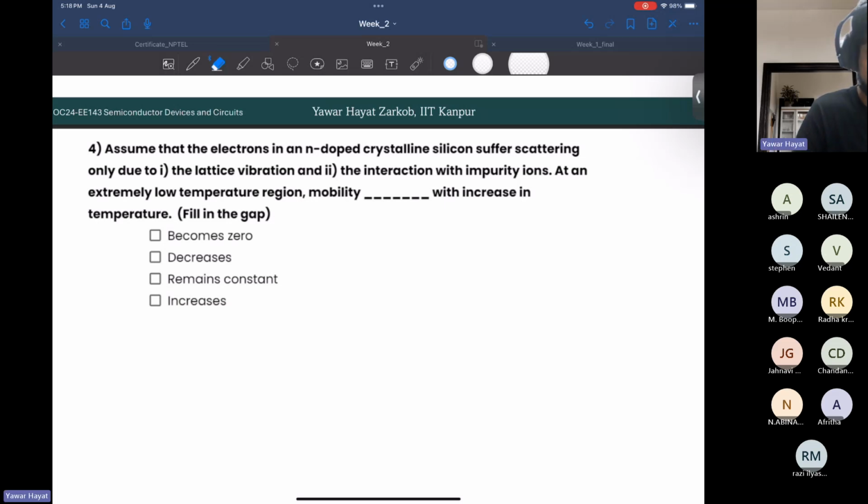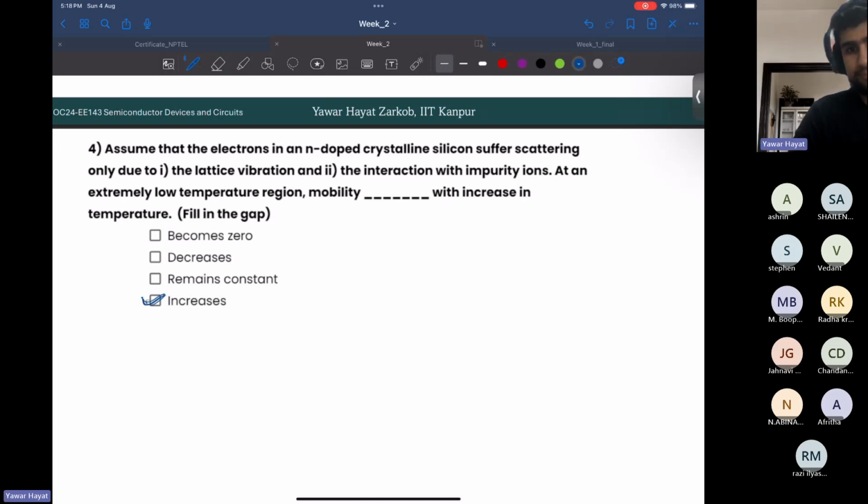Okay, since no one answered, I'll answer it myself. At low temperature region, the lattice vibration will be mostly suppressed, right? And the dominant scattering would be due to the impurity ions. Thus, the mobility will increase with the increase in temperature in this region, right? It was straightforward, this one.